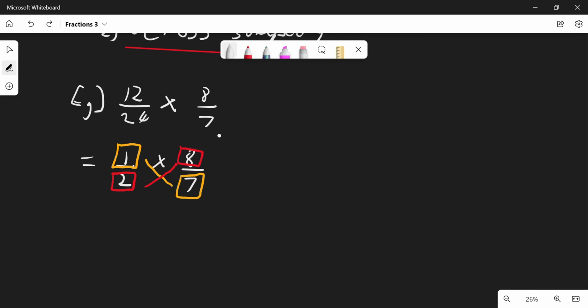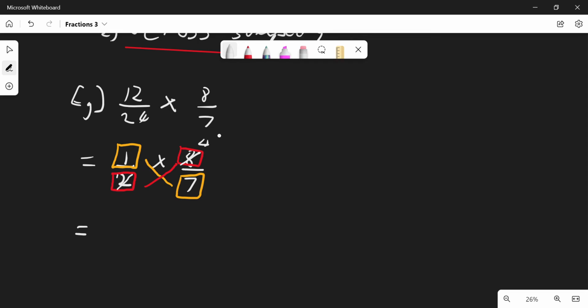Let's look at our 1 and 7. 1 goes into 1 itself and it goes into 7 seven times, so there isn't really a simplification there. But look at 2. 2 can divide into itself once, so we cancel that and it becomes a 1. And it can divide into 8 four times.